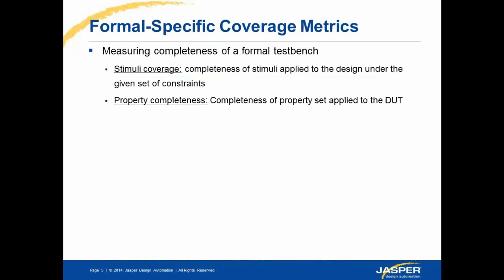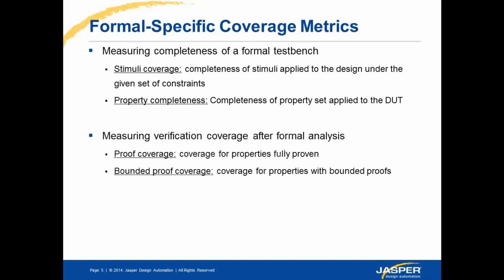So formal specific coverage metrics, or coverage metrics for formal verification. What does it mean? Firstly, most people would be interested in knowing, are my constraints allowing all legal stimuli? That is stimuli coverage. Well, have I written enough assertions? That is property completeness.